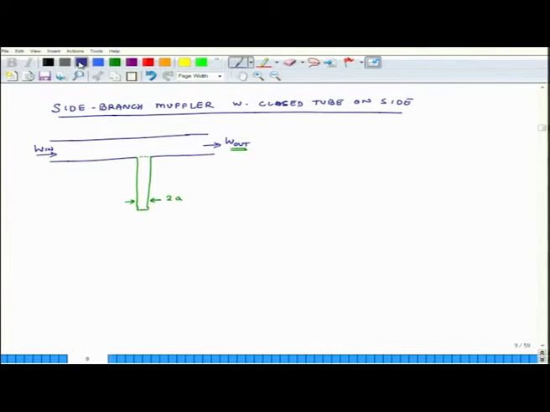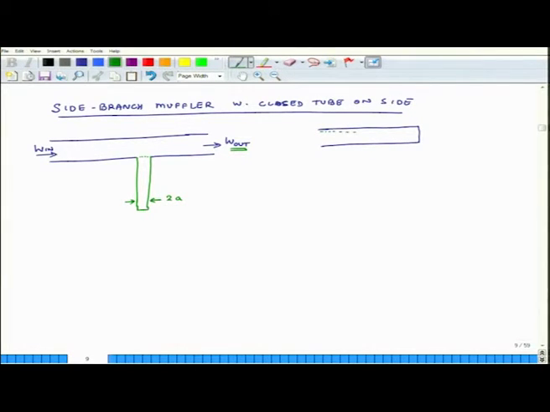Now, we should understand a very important property of closed tubes. So, suppose I have a closed tube, a tube which is closed at one end and it is open at this end. Closed tube can generate several natural modes. So, suppose I want to plot velocity inside this closed tube, velocity at the closed end will be 0.